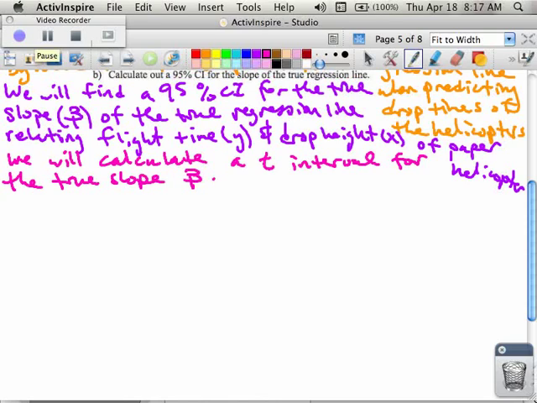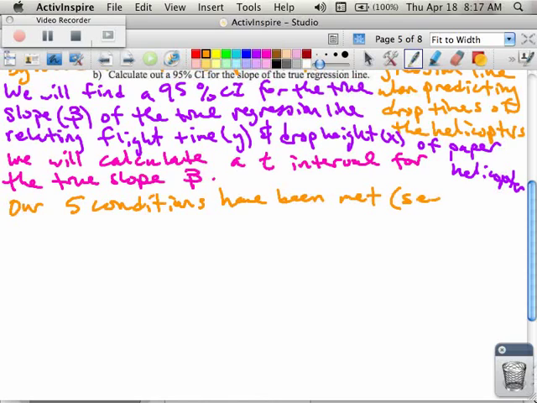So I'm going to say that right now, let's see, our 5 conditions have been met, and you could say see above or see previous slide, whatever it was. So for me it's a previous slide, but for you it might be the previous part of the problem on the AP exam, and that's okay, you can do that.